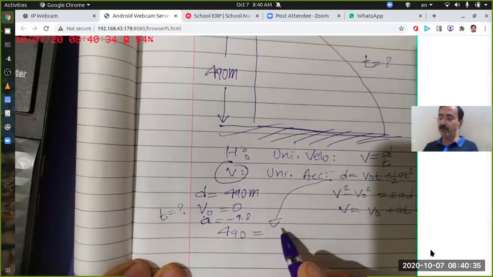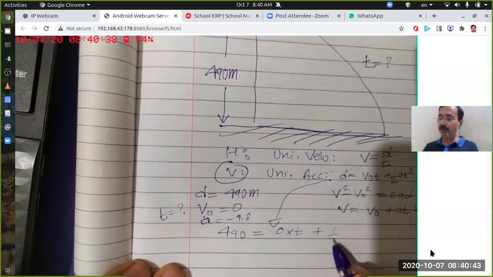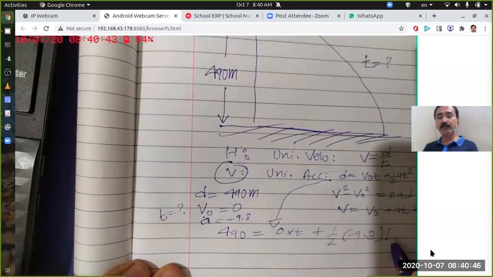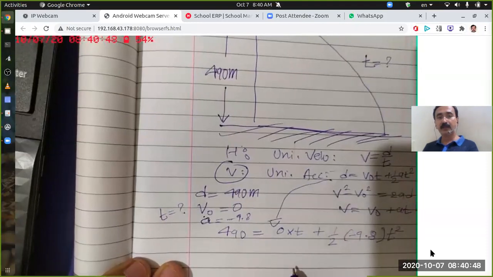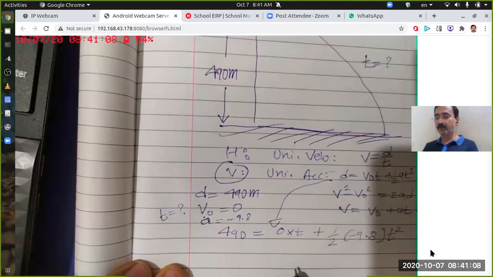This is 0 into t plus half minus 9.8 t square. Is it fine? Yes, sir. Okay. There is a mistake here. Which mistake? Somewhere there is a sign error. Is the stone going up or down? Down.